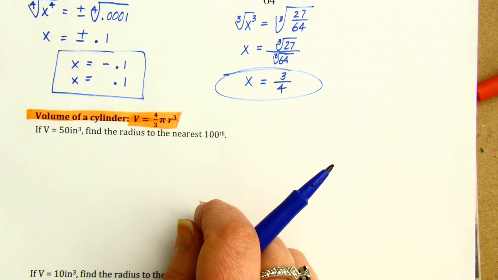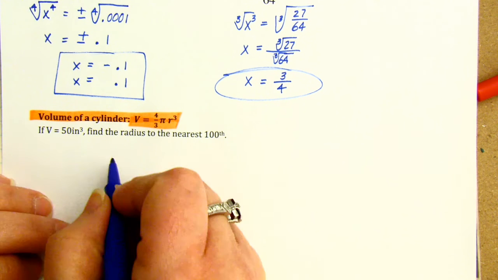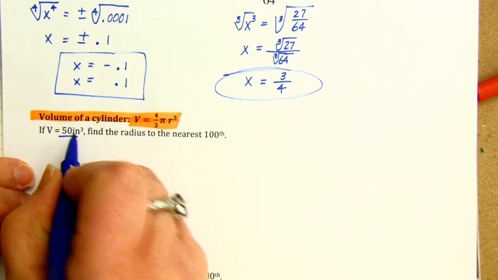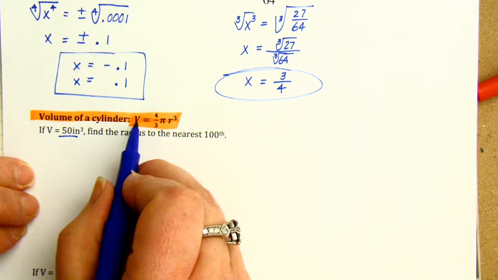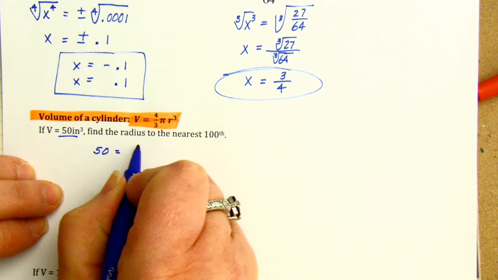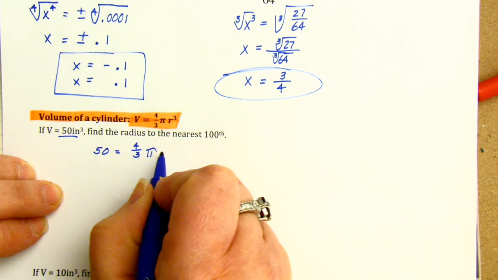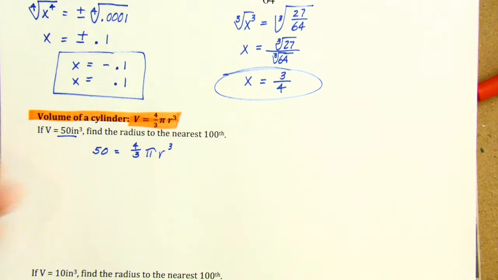Well, I'm going to substitute what I know into my formula. V, the volume, is 50. So I'm going to replace this V with 50 and end up with the equation 50 equals 4/3 times pi times r cubed.